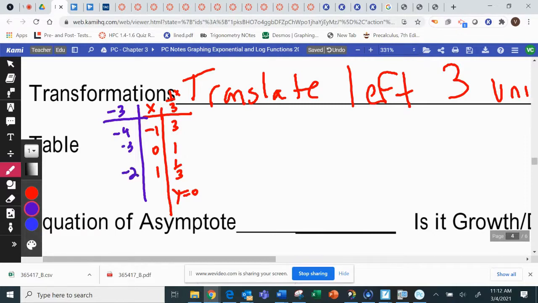Does that change my asymptote? Caitlin, do you know why it doesn't? Because you have to move it to the left. And just when I look up here, it's on the y side, and I don't change the y numbers with my x numbers, right? Okay.